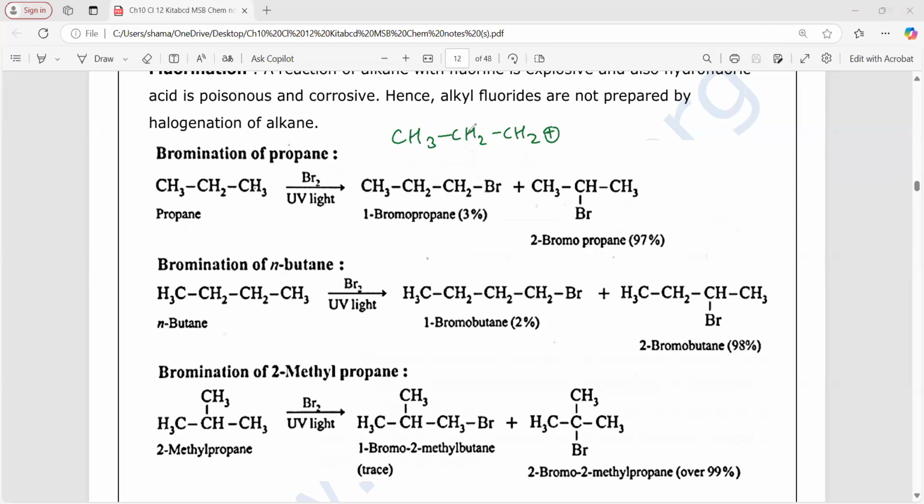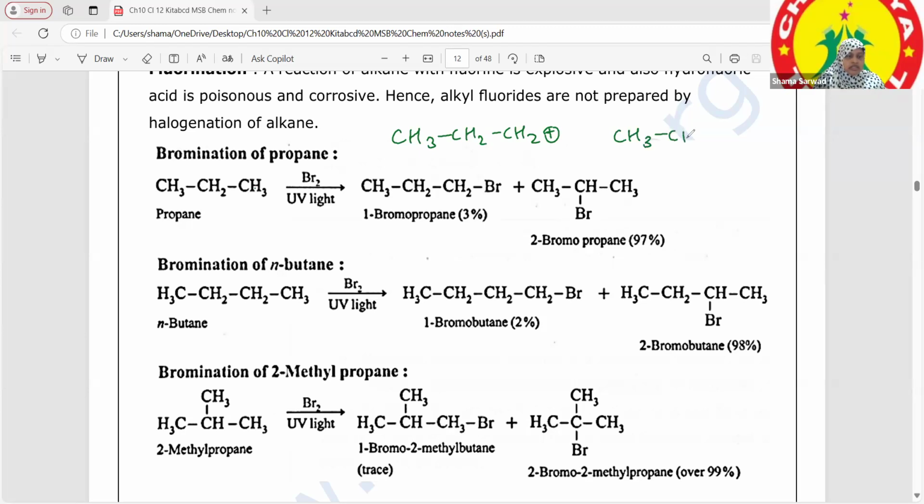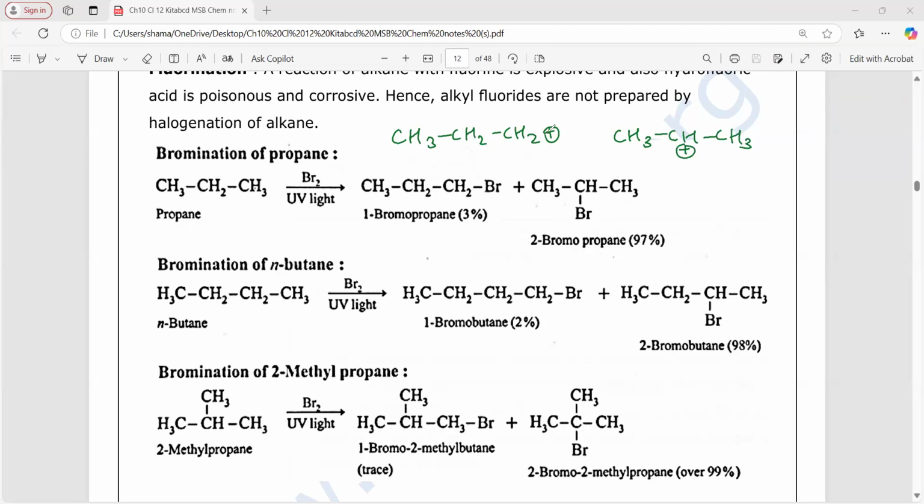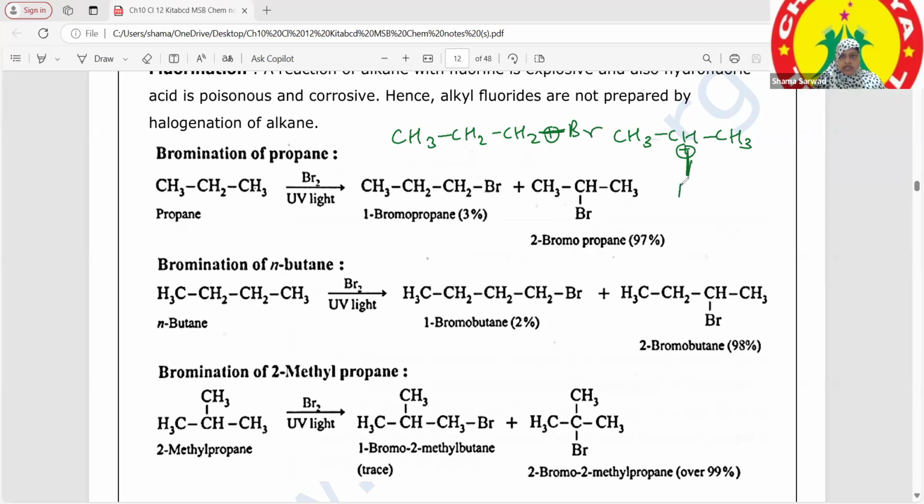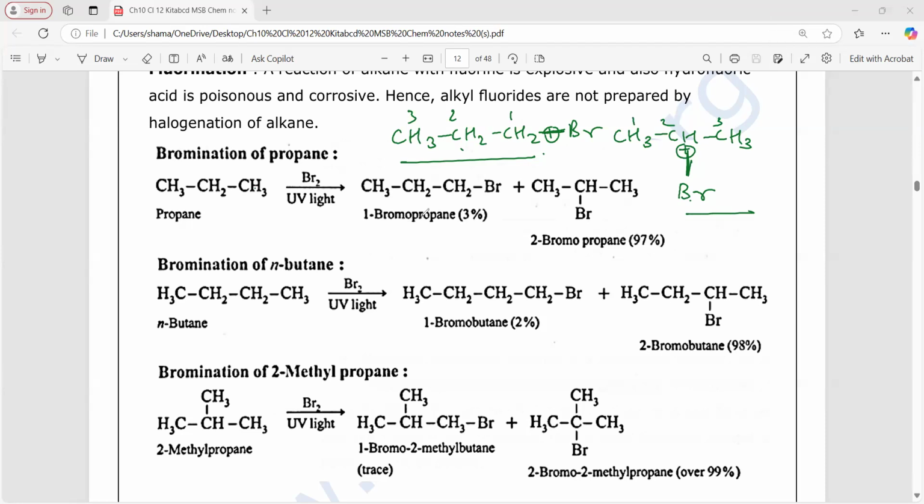And if the secondary carbon would lose it, then it will generate CH3, CH, CH3 with positive charge over here. If your Br would come here, you will get this. And if your Br would come here, you will get this. So this is primary and this is secondary. 1-bromopropane, this is 2-bromopropane.